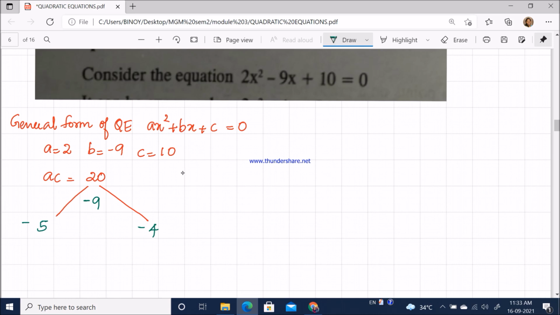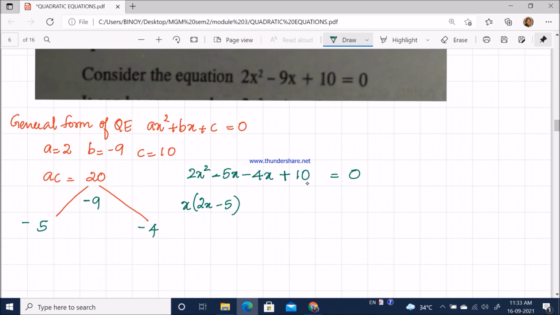Okay. So now taking the equation 2x square, instead of minus 9x, we will split that into minus 5x minus 4x plus 10 equals 0. So taking the x out, so that is x into 2x minus 5.